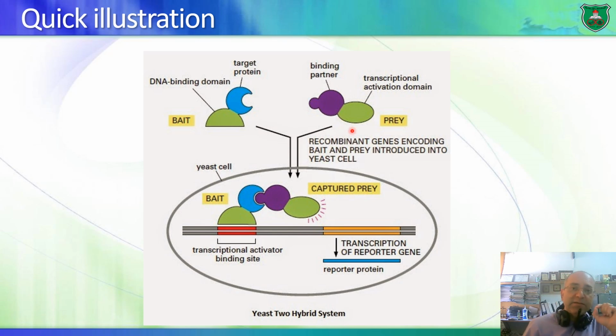Now the idea is that if these two proteins interact with each other, then these two domains would be close to each other and there would be induction of transcription of the reporter gene, the LacZ gene. If they do not interact with each other, then these two domains would not be close to each other, and as a result, there would be no transcription.